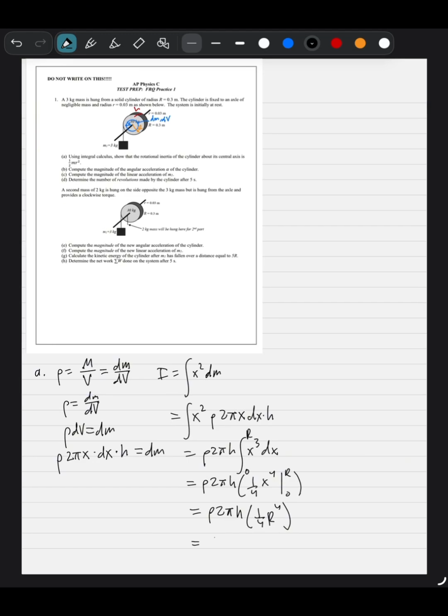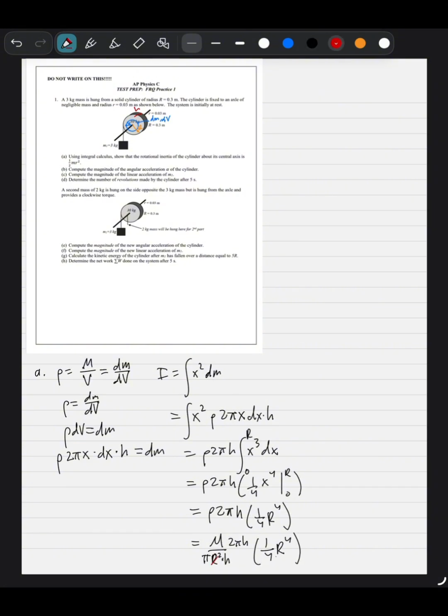We'll replace rho with m over v, but v is equal to pi r squared times h, which is the volume of a cylinder.